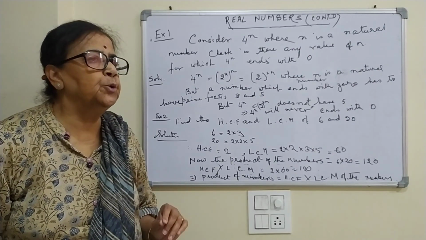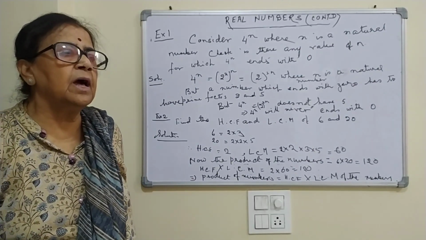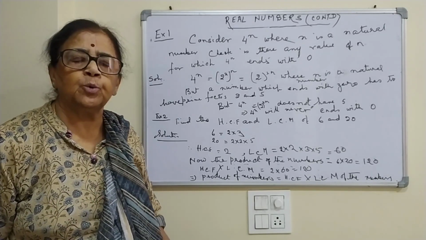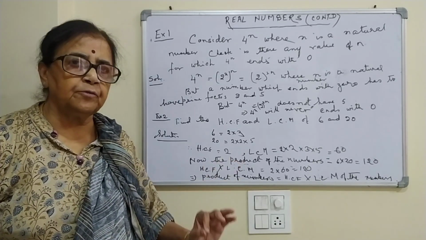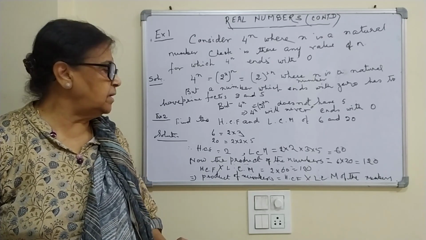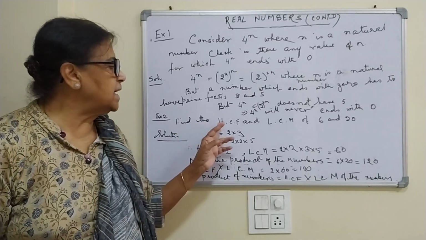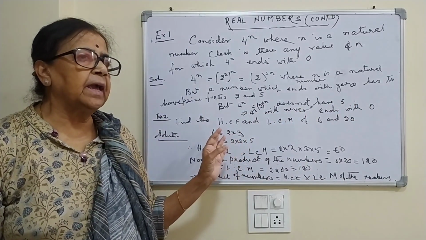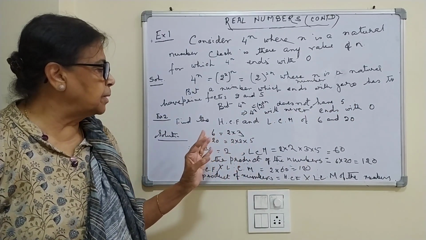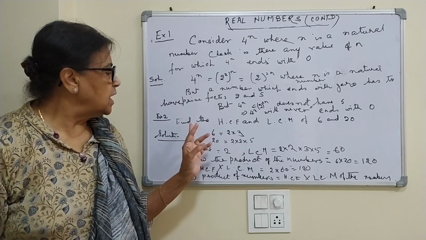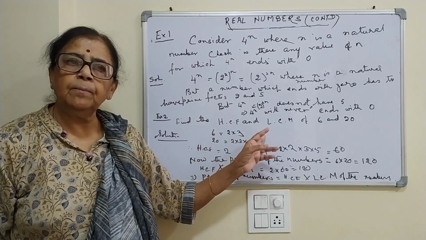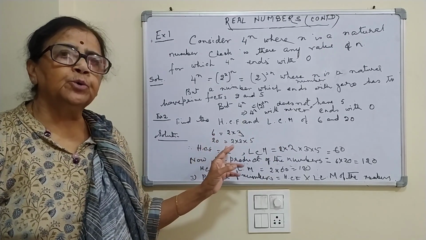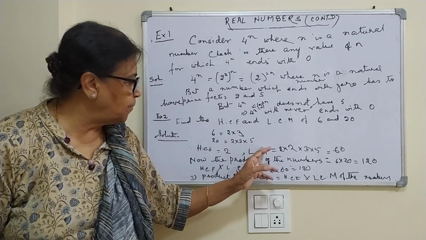And example 2 we have done in lower classes also. That is, LCM into HCF is equal to the product of the numbers. Let us revise. Find the HCF and LCM of 6 and 20. What is the prime factorization of 6? 6 is equal to 2 into 3 and 20 is equal to 2 into 2 into 5.